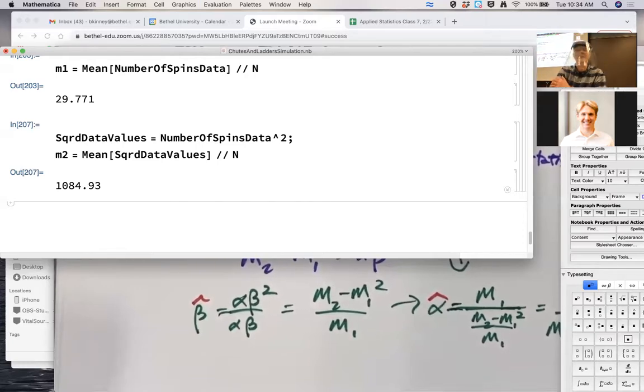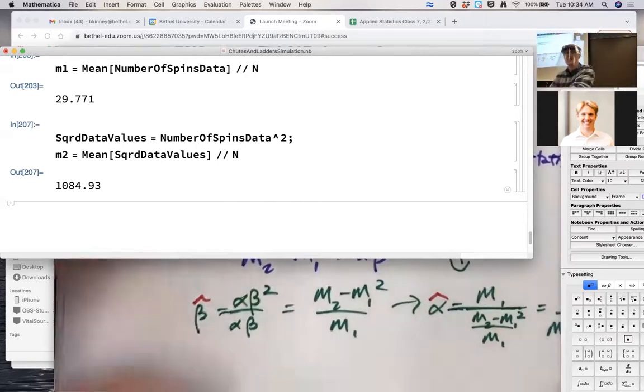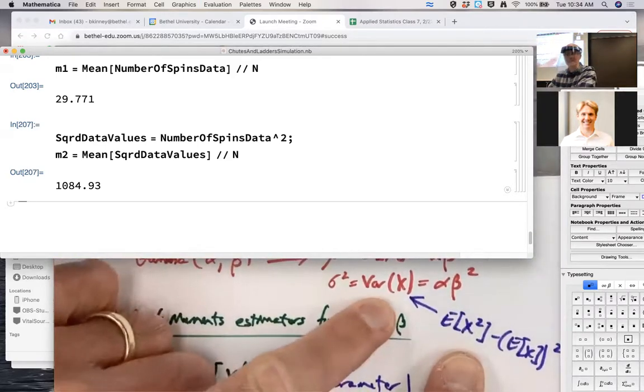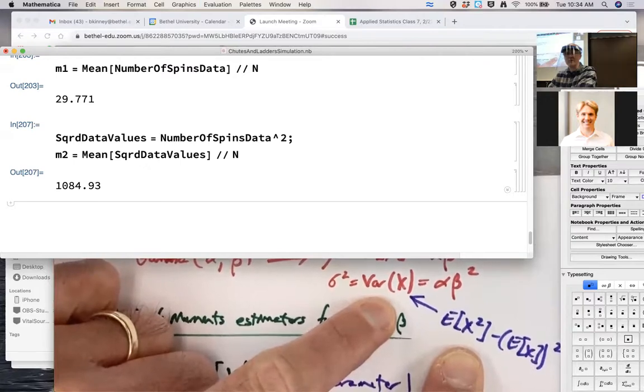Another way I could find this is to use this fact again. That's true for the theoretical variance. It would also be true for, let's see, would that really work? Yeah, it would.